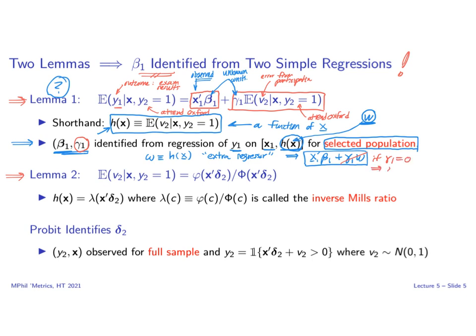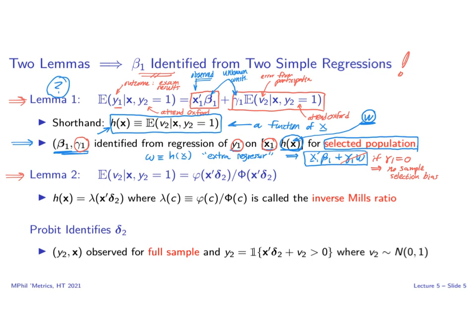And in this case, we would have the expected value of y1 given x and y2 equals 1 equals x1 prime beta, which would mean that in the case in which gamma 1 is 0, a regression of y1 on x1 only, using the subset of individuals who have y2 equals 1, namely the selected sample, would identify beta 1. So that's the first lemma.